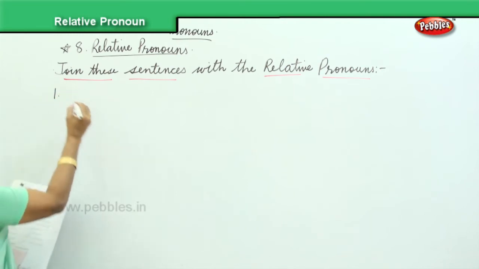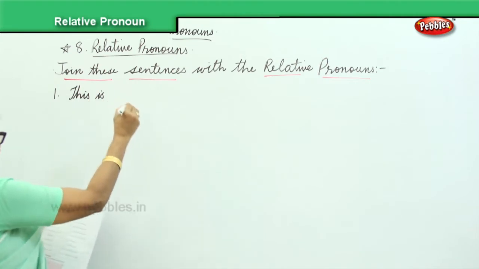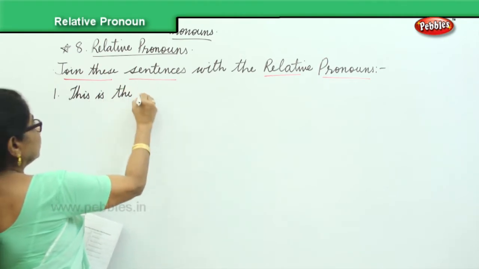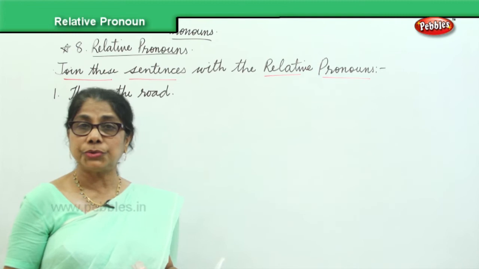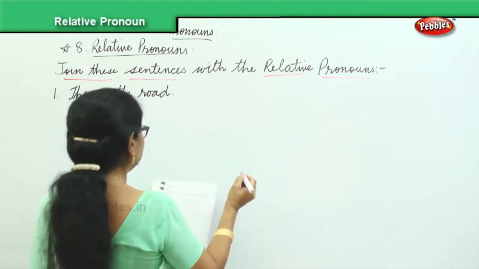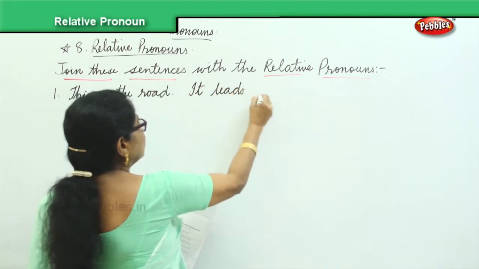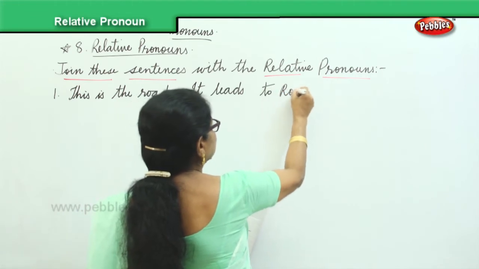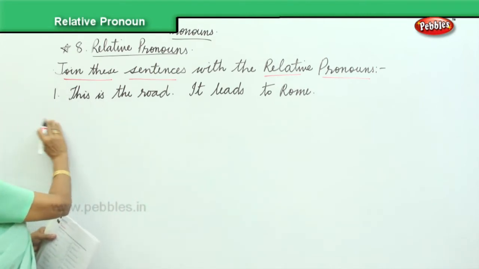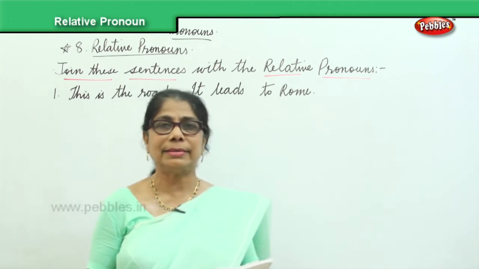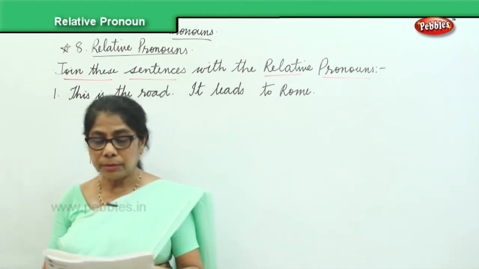First one, this is the road. It leads to Rome. So how will you join the sentences? This is the road. The road leads to, what will you write?